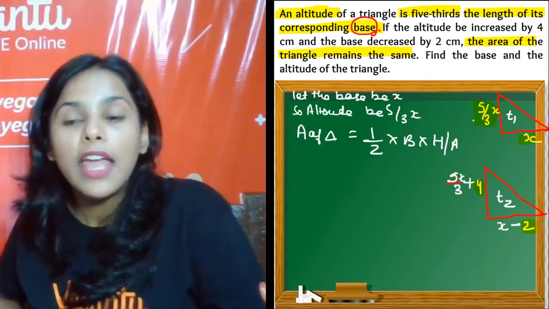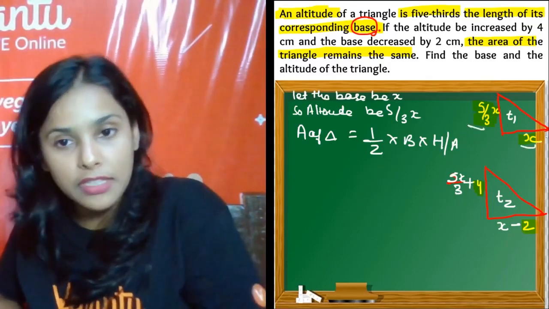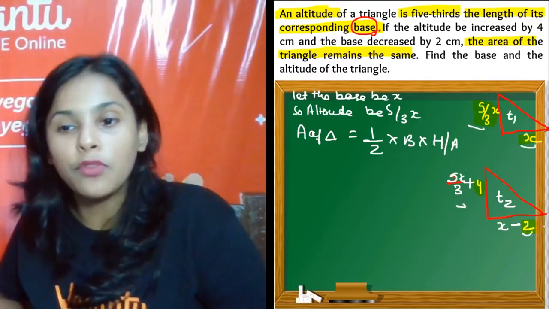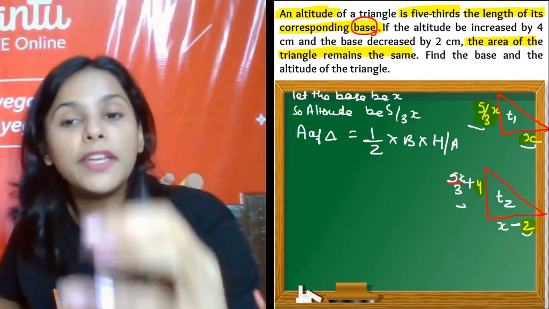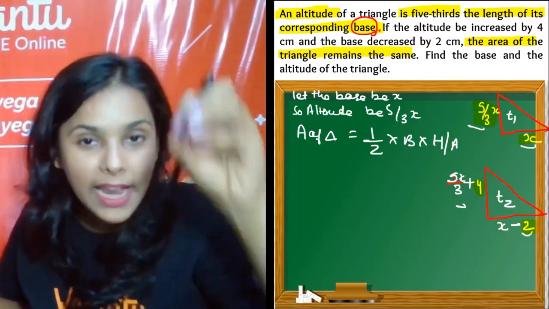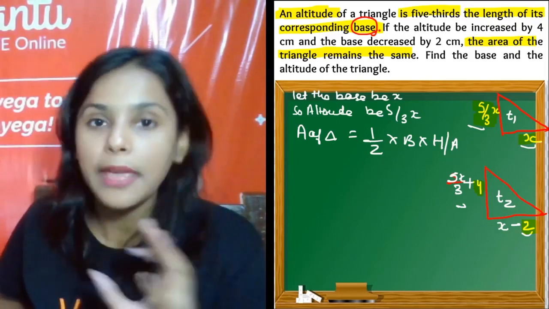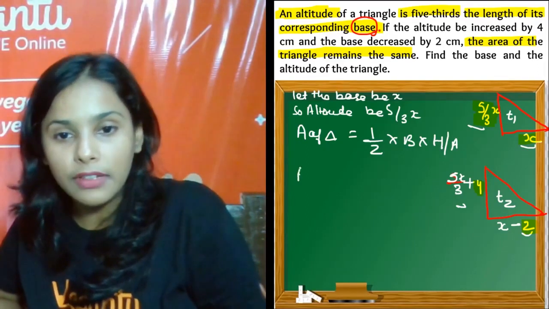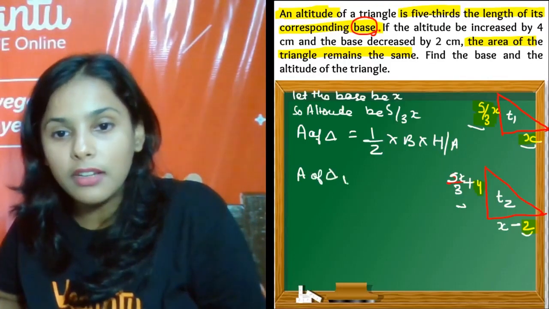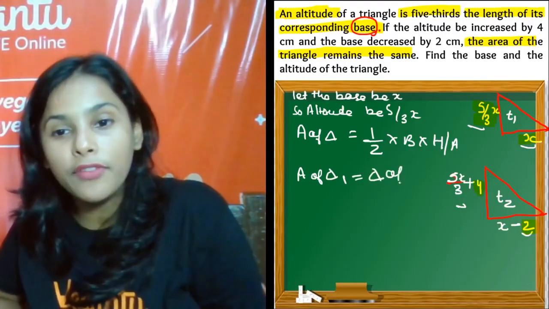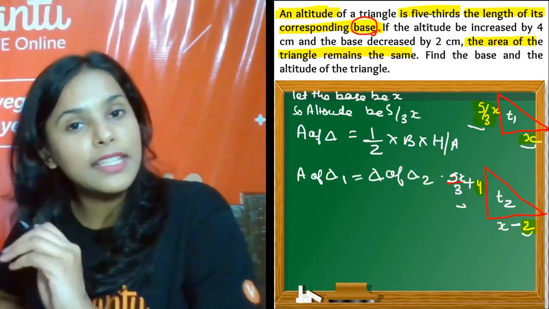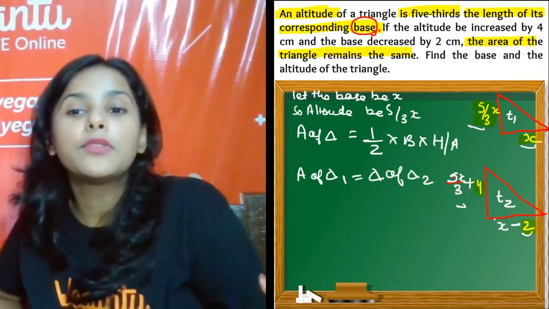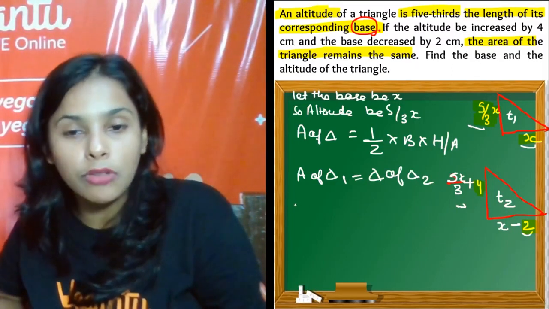We have altitude and base for the first triangle and for the second triangle also, and it is being told the area of triangle 1 and area of triangle 2 would be the same. तो फटाफट से इक्वेशन फॉर्म कर लें. Area of triangle 1 would be equal to area of triangle 2. This is the equation.